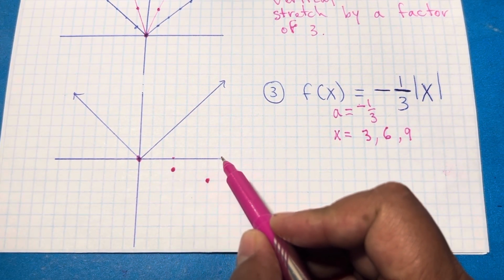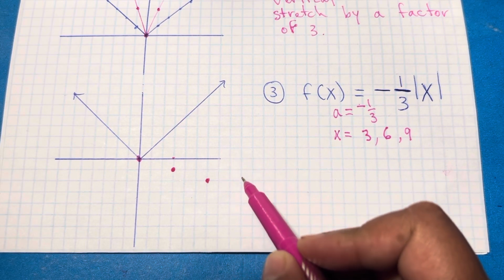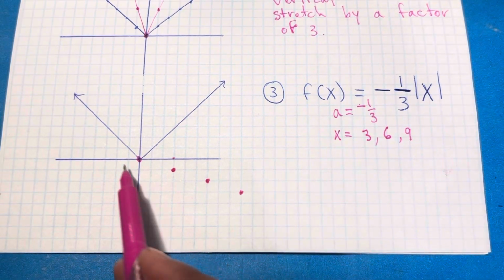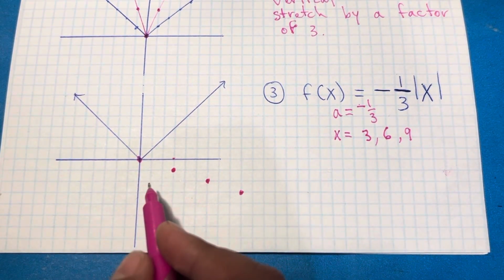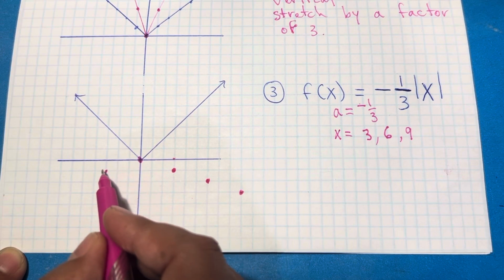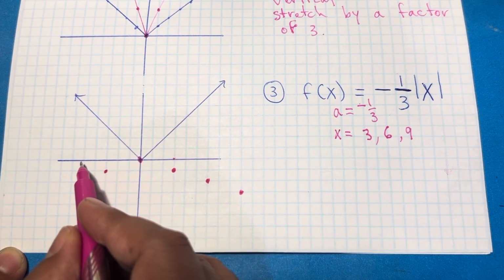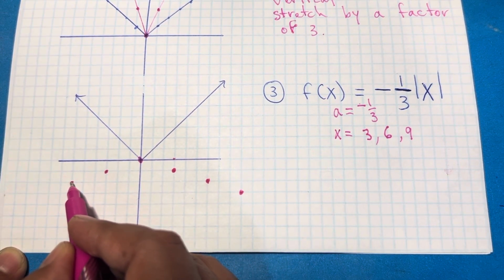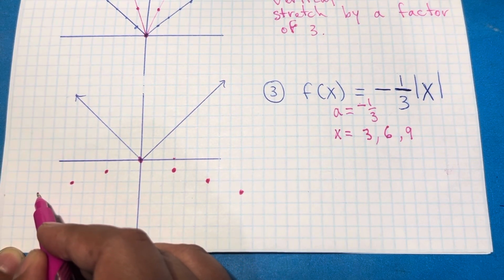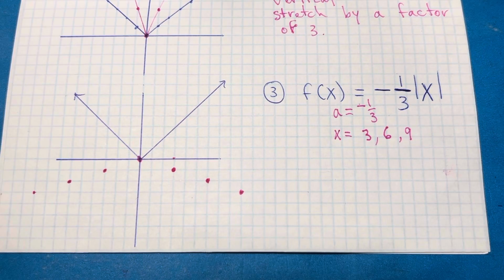So 6, 7, 8, 9, it's negative 3. It's right there. We know that absolute value is symmetrical, so we go 1, 2, 3, and 1 down. So negative 3, negative 1, negative 6, negative 2, and negative 9, negative 3, and we create our line.